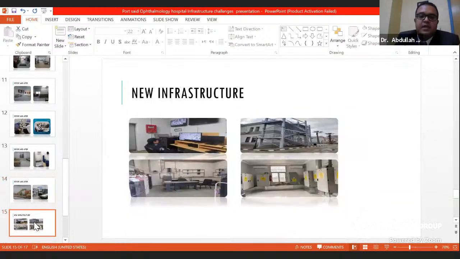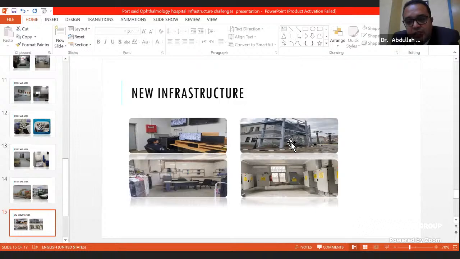And here is the main work that we have done. This is the security monitoring room, where you have all the cameras around the hospital. This, of course, was introduced during the project.